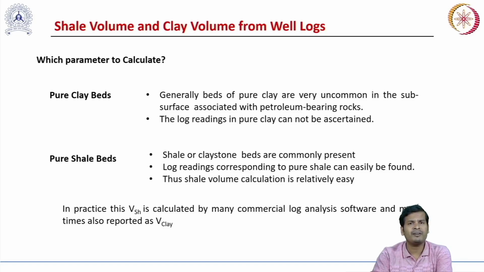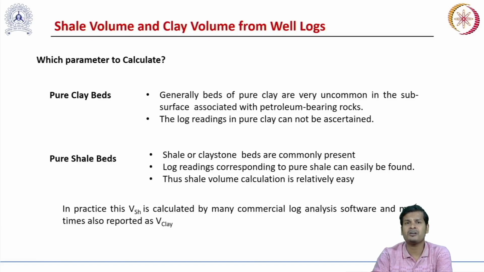We have also discussed that many times we can use the shale volume and the clay volume interchangeably. Nonetheless, nowadays there are logs available which can calculate the shale volume and the clay volume easily. But many of the old logging tools or combinations of old logging tools, when using the most widely used petrophysical model, generally give us the shale volume only. But we can use the shale volume as a representative of the clay volume.